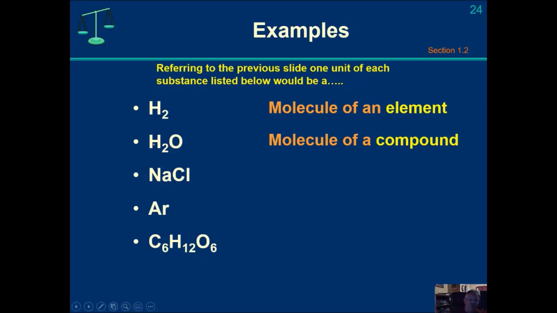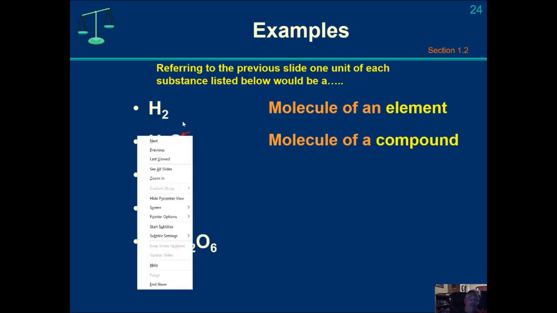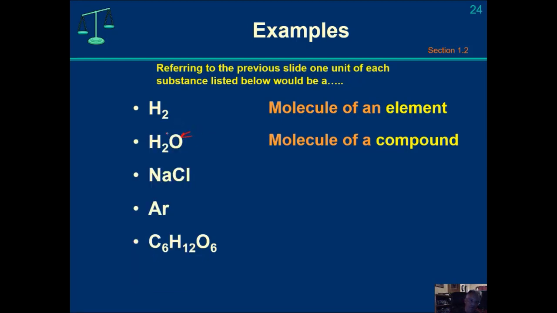It's composed of two different elements. You've got oxygen in a 1-to-2 ratio with hydrogen. And so a single unit of water would be a molecule of a compound, because there are two different elements combined together.